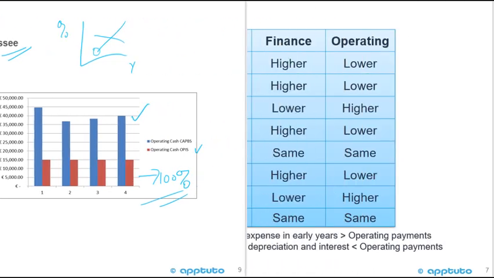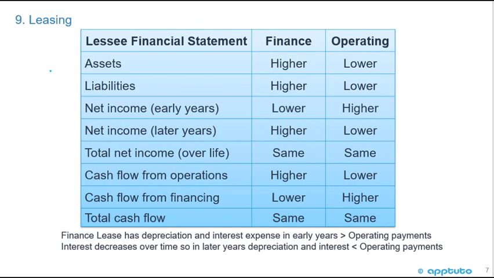Okay? So now we're going to look at some of the differences with regards to the balance sheet and income statement and some of the ratios between a finance lease and an operating lease. So when you have a finance lease, the lessee is going to take the asset onto their books. So assets equals liabilities plus equity. If you have the asset on your books, your asset is going up and your liability is going up, okay?